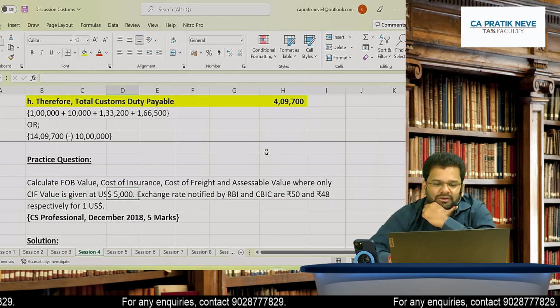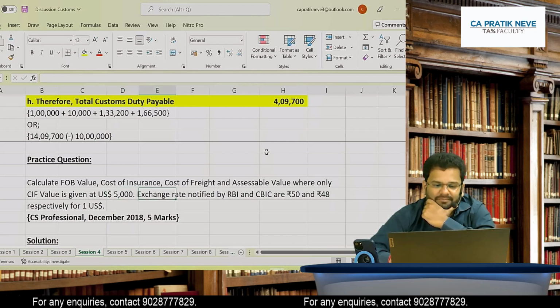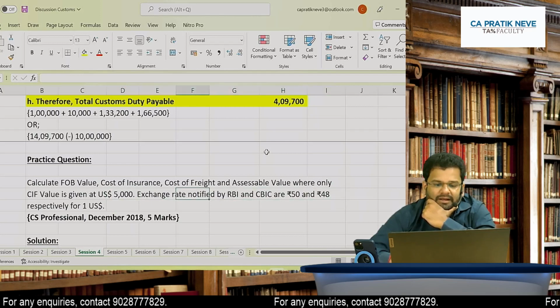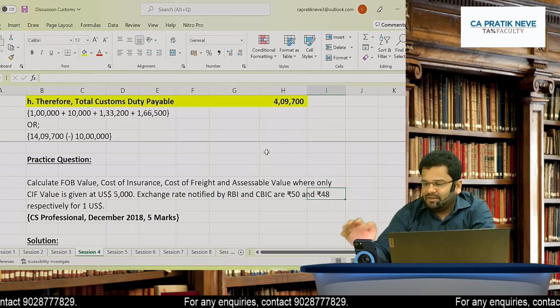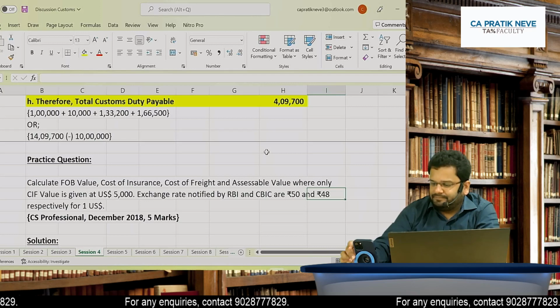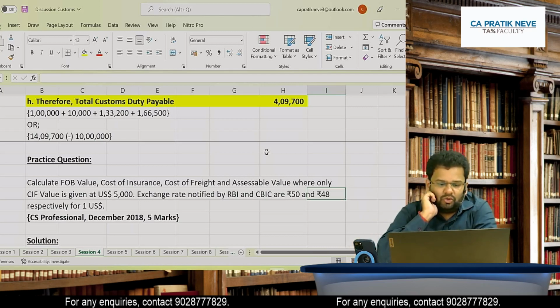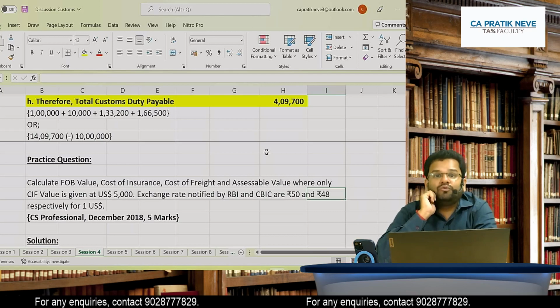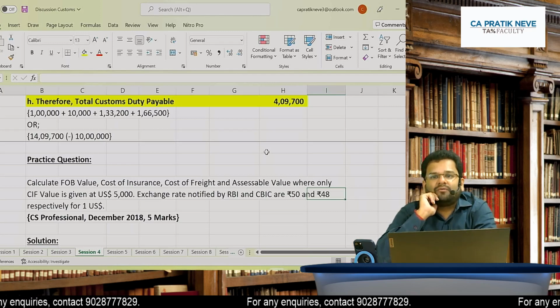So can you please calculate CIF value, that is assessable value, in rupees term? Exchange rate notified by RBI and CBIC is 50 and 48. So which one will you take? You will take 48. So do 5,000 into 48. You must be getting 2,40,000.